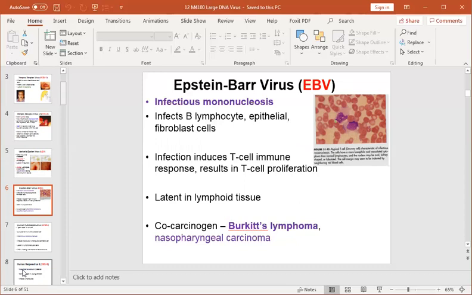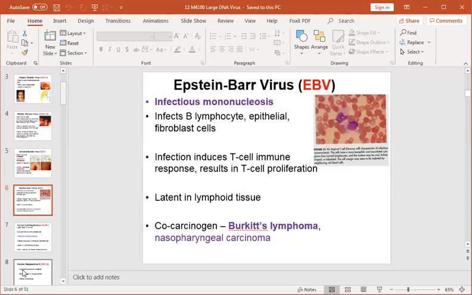Since the infection hampers humoral immune response, the T cell immune response, or cellular immune response, kicks in. T lymphocytes recognize the virus and virally infected cells, resulting in the proliferation of the lymphocytes.